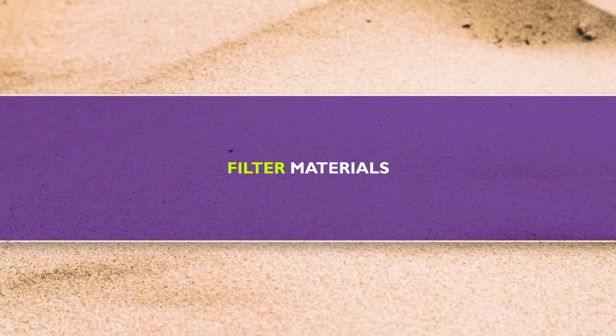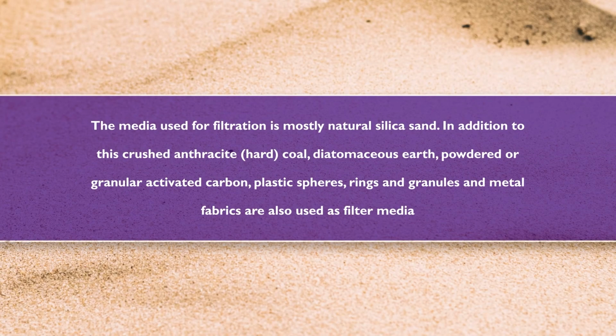Filter materials. The media used for filtration is mostly neutral silica sand. In addition to this, crushed anthracite, coal, diatomaceous earth, powder or granular activated carbon, plastic spheres, rings and granules, and metal fabrics are also used as filter media.